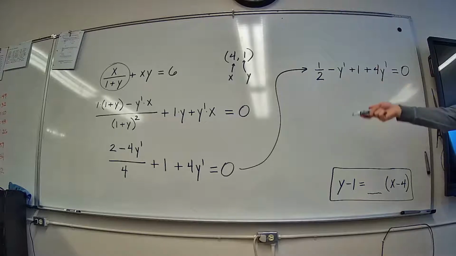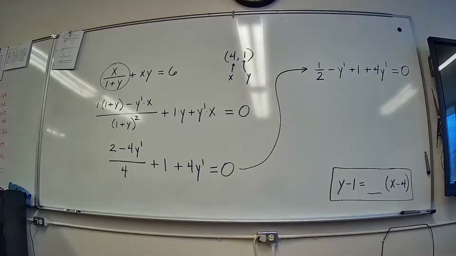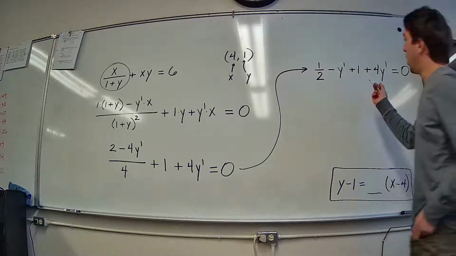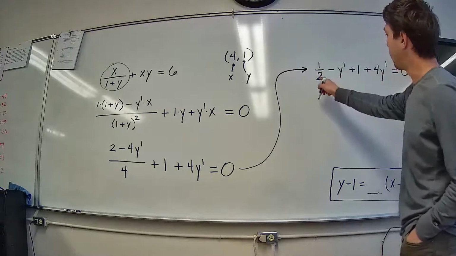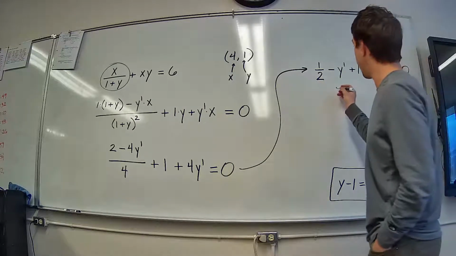Are we all cool with that? Hang on, let me turn my projector on. We'll check our answer with the computer and see if it makes sense. Okay, so 1/2 plus 1 is 3/2.